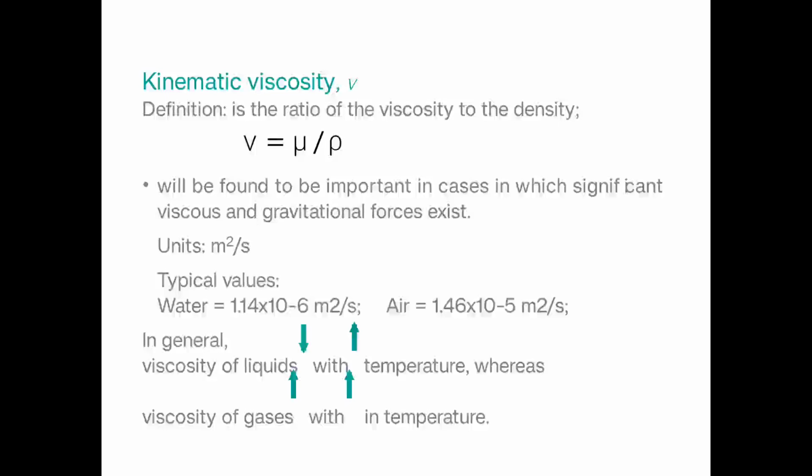And it has the units of meter square per second, which means it has the dimensions of L square T raised to the power minus 1. In important cases, particularly in refinery industries, we use the concept of kinematic viscosity everywhere to account for the behavior of the refinery fluids. Got it?